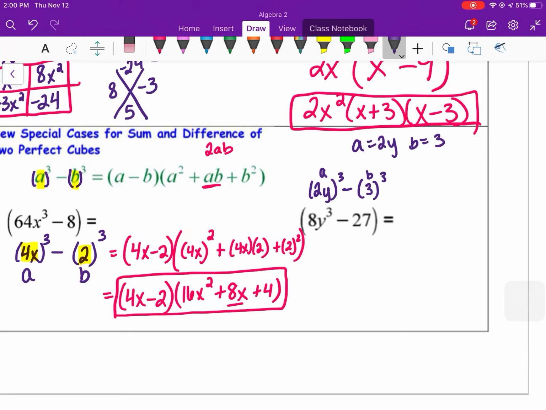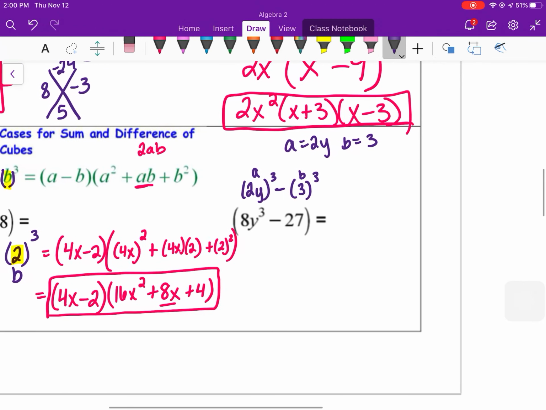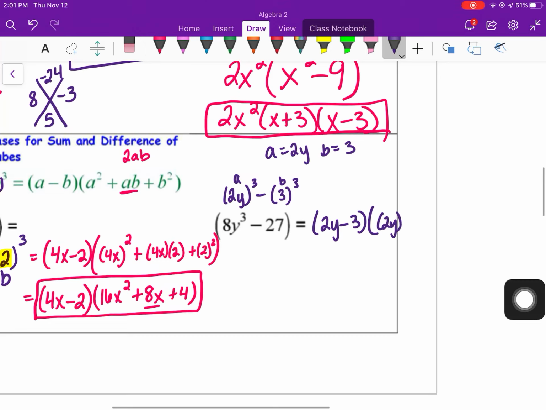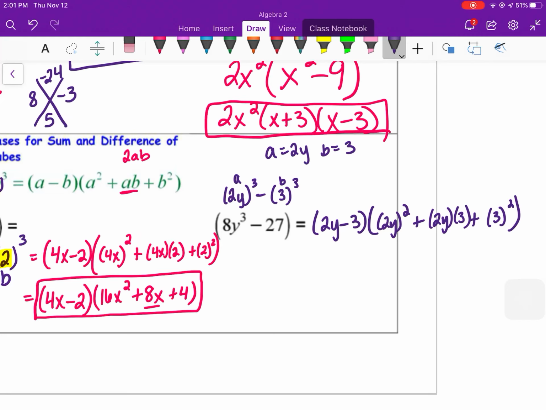And then I'm going to use this formula. So first it is A minus B. So that'll be 2y minus 3. And then times A squared. So it'll be 2y squared plus AB. So plus 2y times 3 plus B squared, which is 3 squared.